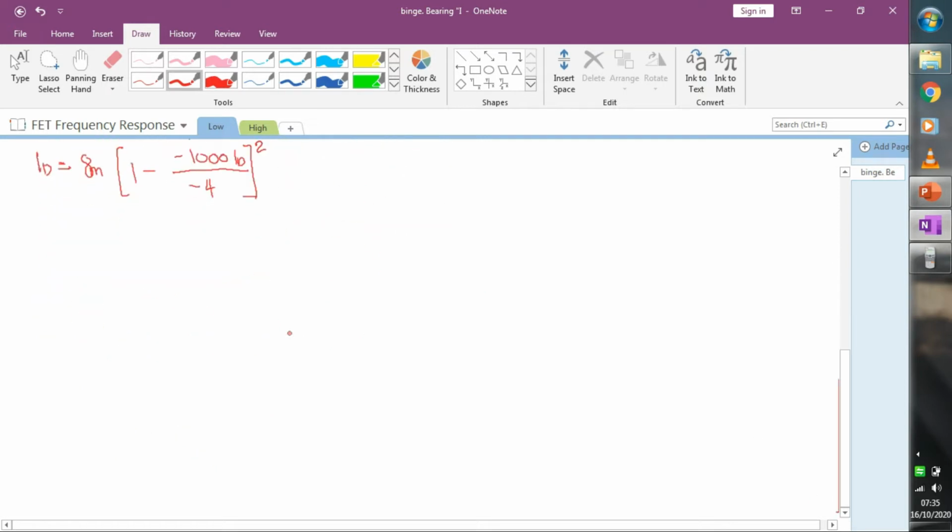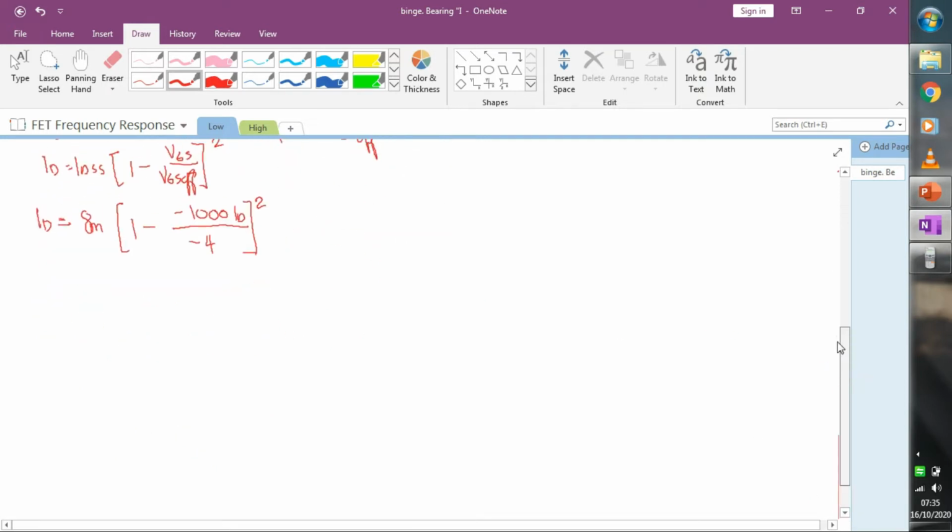Okay, so we will utilize our calculators to solve this one. So let's say ID is equal to X, so we have X is equal to 8 milli, 1 minus negative 1,000 X over negative 4 squared.